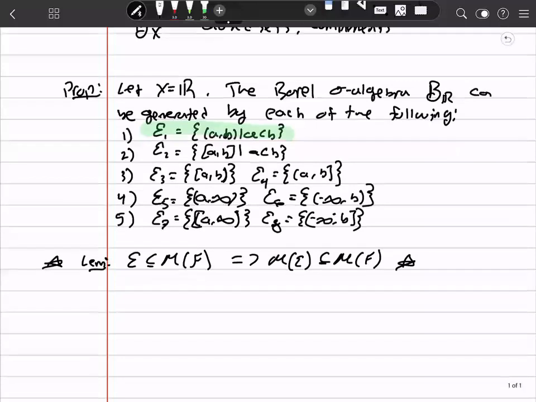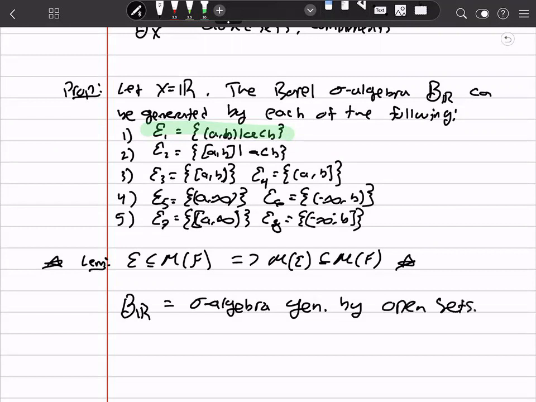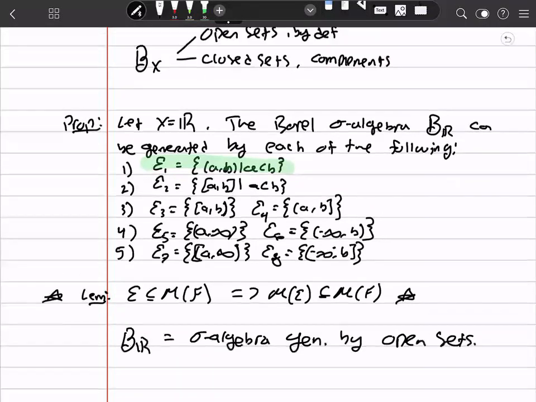So let's prove some of these, right? So what do we know? Well, we know that the Borel sigma algebra on R is going to be equal to the sigma algebra generated by the open sets. I made a mistake before because this isn't our standard definition. This is kind of like a subset of our standard definition.